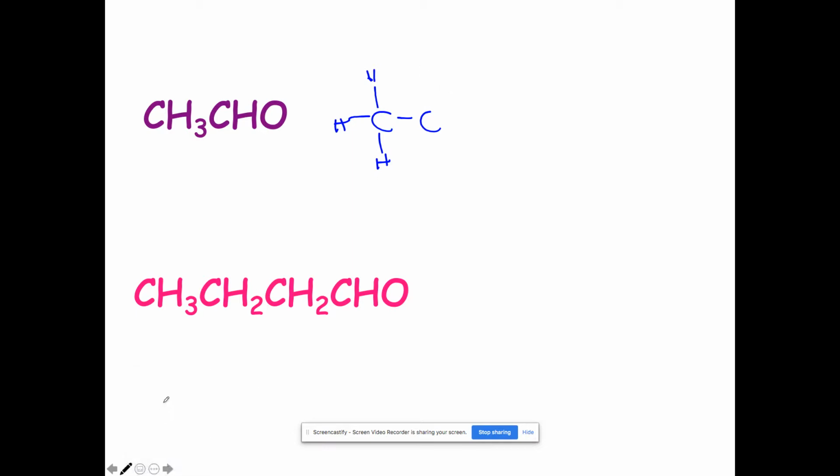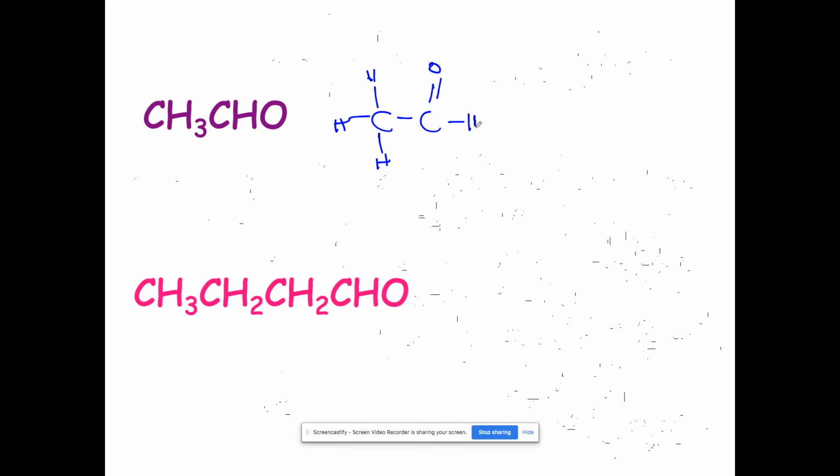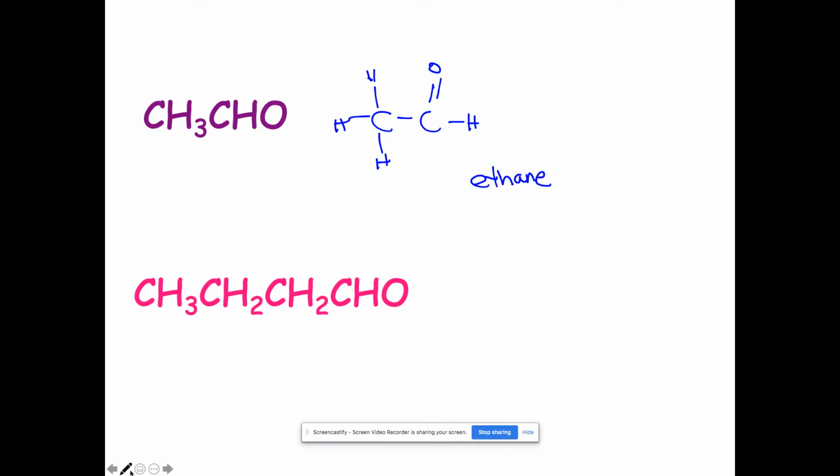We're going to have a C double bonded O to an H. But wait a second, it doesn't say OH, it says HO. I know, just relax. Meth, eth. Normally this would be methane. However, this has an aldehyde. So I get rid of this, and I write ethanal. Do I need to put the location? No, it's always at the end.